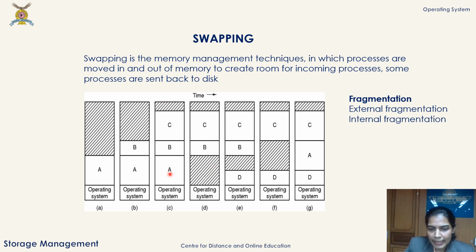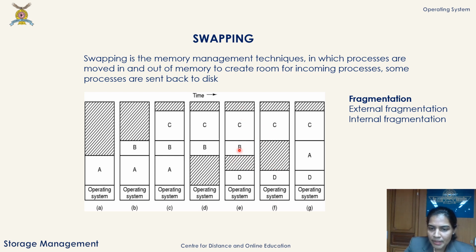After some time, process A has completed its task or has been swapped out of the memory, so this area of the memory is again free. After some time, D will enter and needs this much amount of memory, so D can be loaded here. So we have D, free area, B, C, and again some free area.